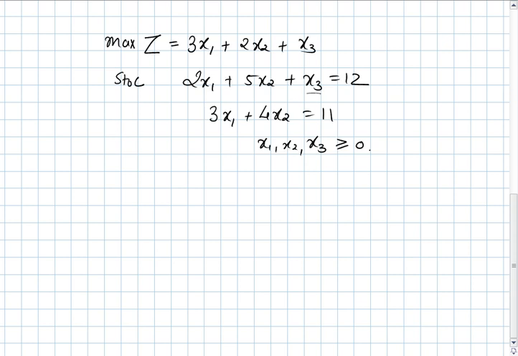But now if our situation is like this, that x2 and x3 are non-negative but x1 is unrestricted in sign, then first of all, to get the standard form, we have to write x1 as the difference of two variables, x1 dash and x1 double dash.